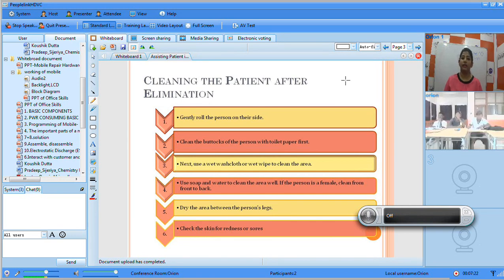You might be wondering why we wash our hands before eating or anything, why we sterilize our hands. When we put on soap or any kind of sterilizer, it kills the germs that are present on your hands.